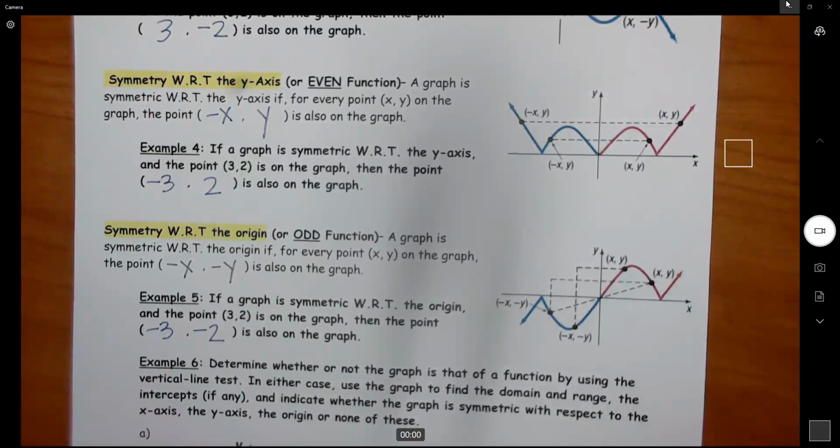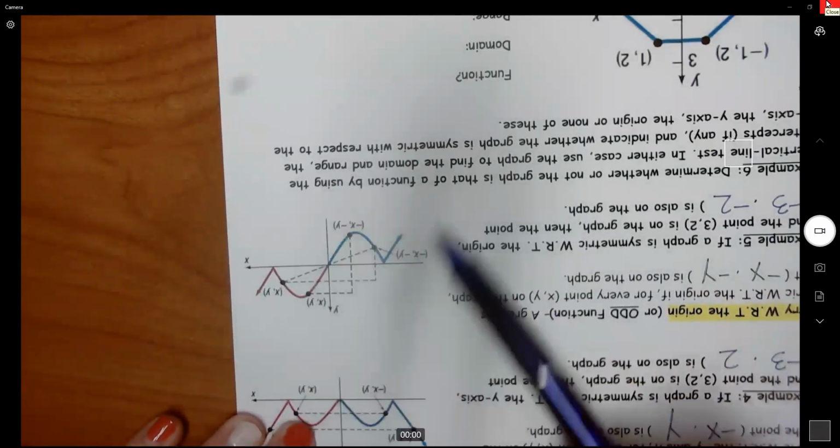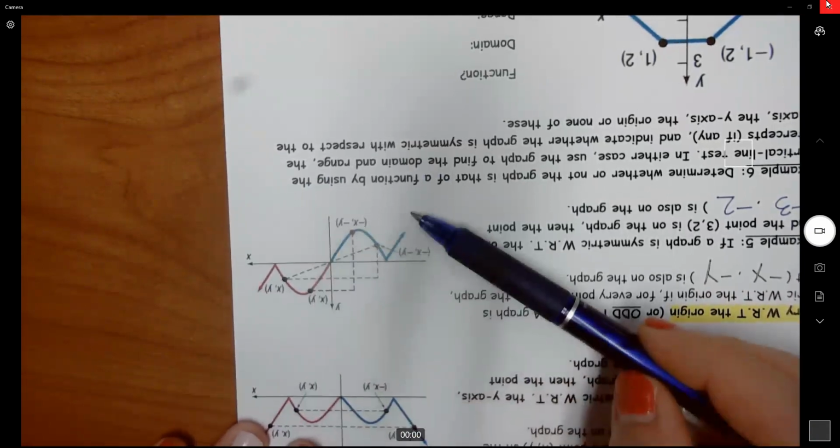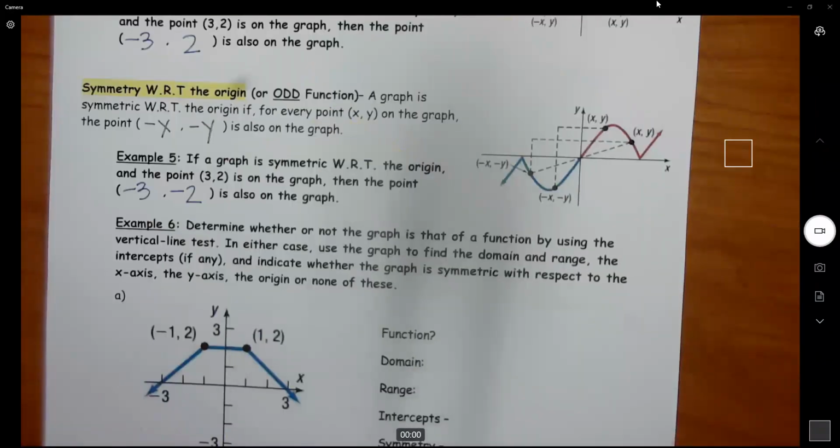If I was to take my paper and rotate it 180 degrees, this now looks the exact same. Or you can take this entire graph and rotate it, and it now looks identical. Okay, so that's how you can tell if it's origin symmetry.